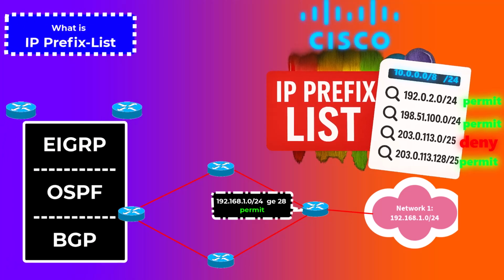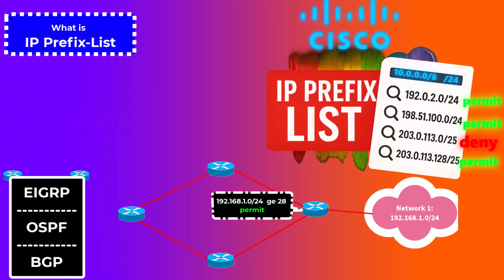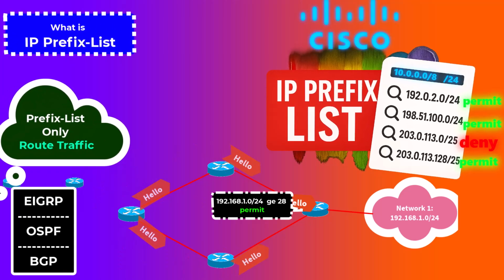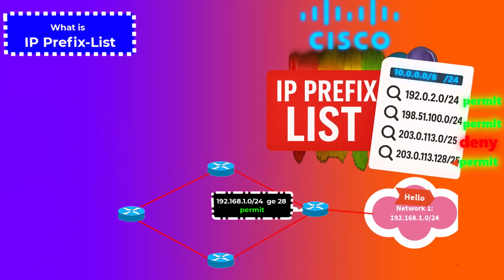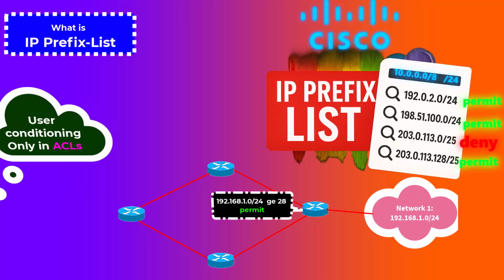For example, in BGP, EIGRP, OSPF, redistribution, and etc. So an IP prefix list is only designed to filter route updates. Hence, you cannot use it for user conditioning as we do in ACLs.